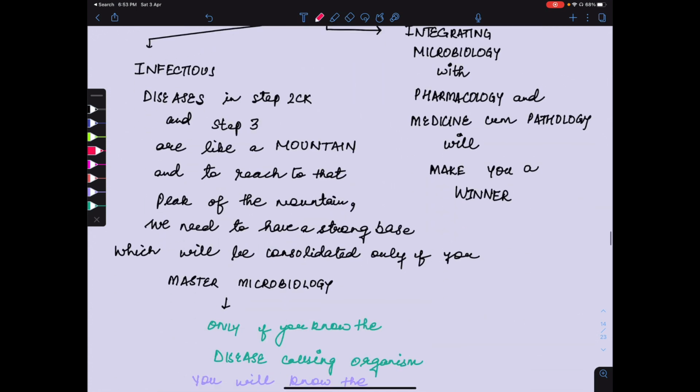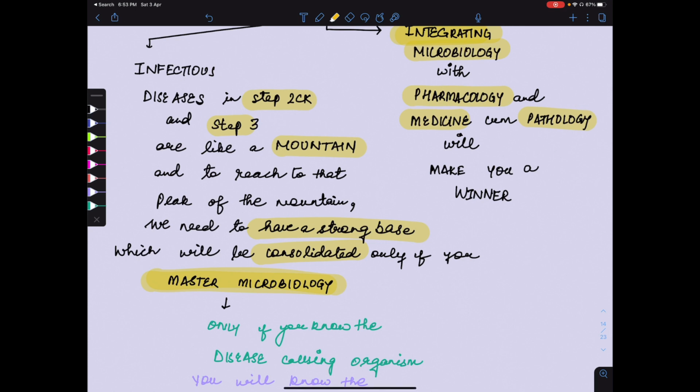Now I have written here also that infectious diseases in Step 2 CK and Step 3 are like a mountain, and to reach the peak of the mountain we need a strong base, which will be consolidated only if you master microbiology. You should be integrating microbiology with pharmacology and medicine as well as pathology.